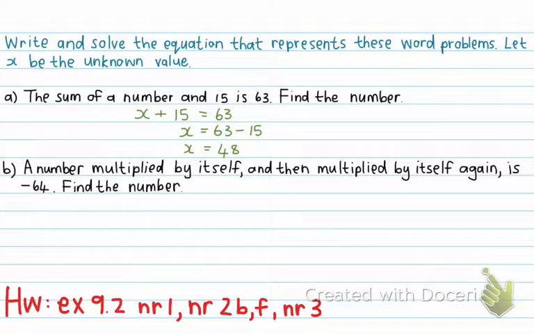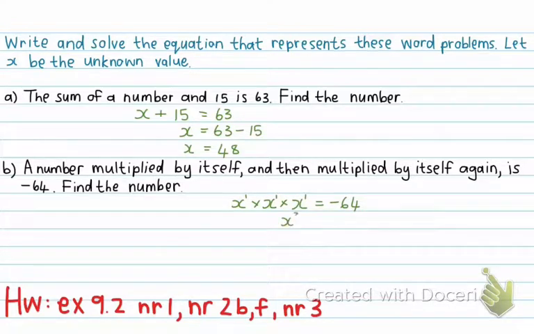Okay, last one here. They say a number multiplied by itself and then multiplied by itself again is negative 64. Find the number. So a number multiplied with itself and then multiplied with itself again is equal to negative 64. All right? So x times x times x, remember all three of them have an exponent of 1.